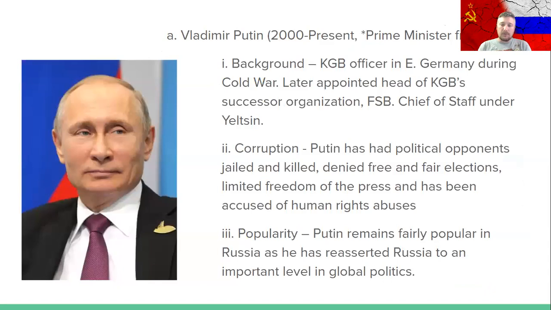All right, moving on to the main man here, and that is Vladimir Putin. Putin took over as president in 2000. He has, for the most part, served in that role ever since. There was a short break; from 2008 to 2012, he served as prime minister.